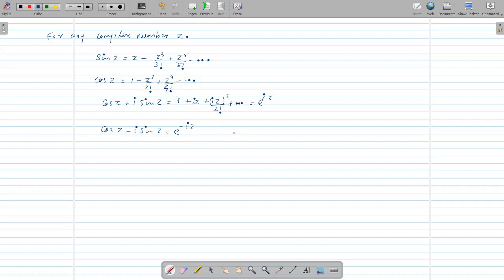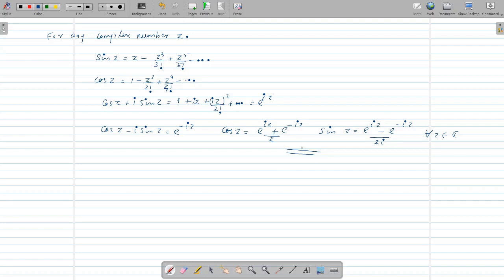So using these two formulas, you can write cos z as e raised to iz plus e raised to minus iz divided by 2, and sin z equal to e raised to iz minus e raised to minus iz divided by 2i for all z belongs to C. These formulas are called Euler's exponential values.